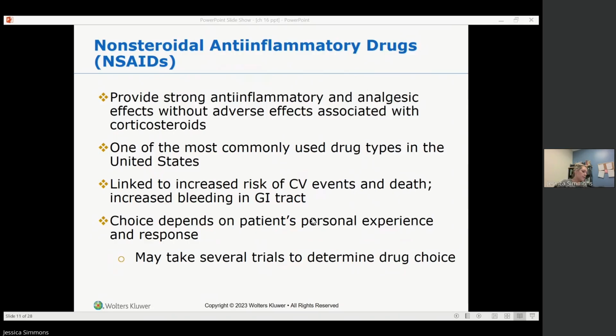Some people like naproxen, some people like Motrin. We have fenoprofen, flurbiprofen, ibuprofen, ketoprofen, naproxen, oxaprozin. So obviously the ones we can get over the counter would be ibuprofen and naproxen.